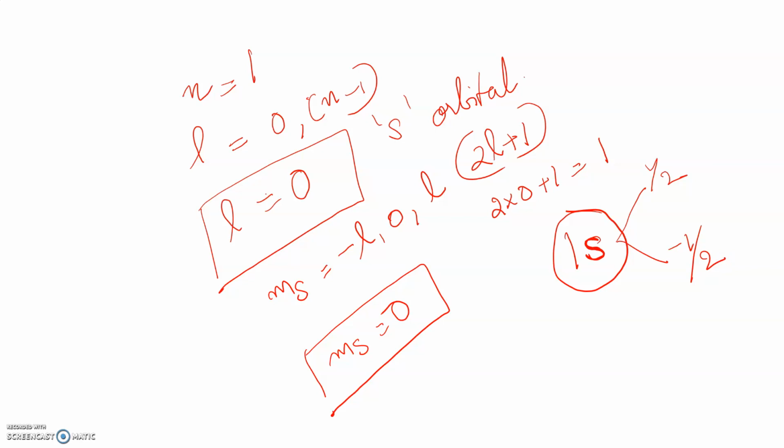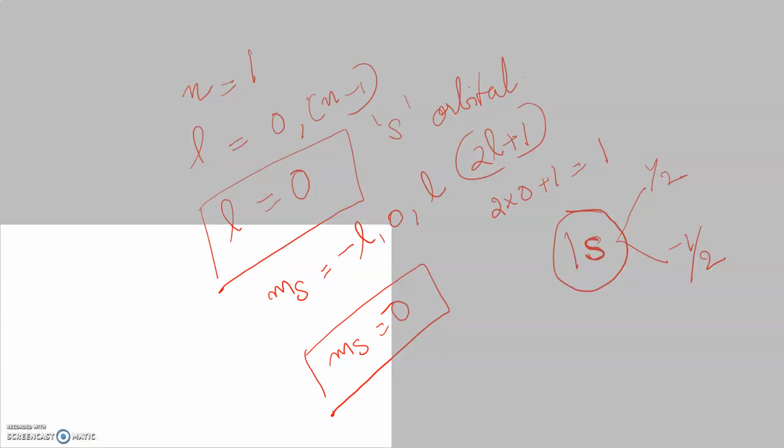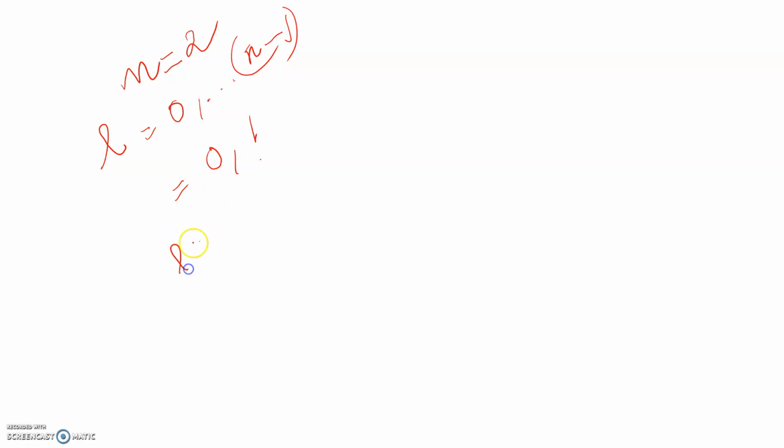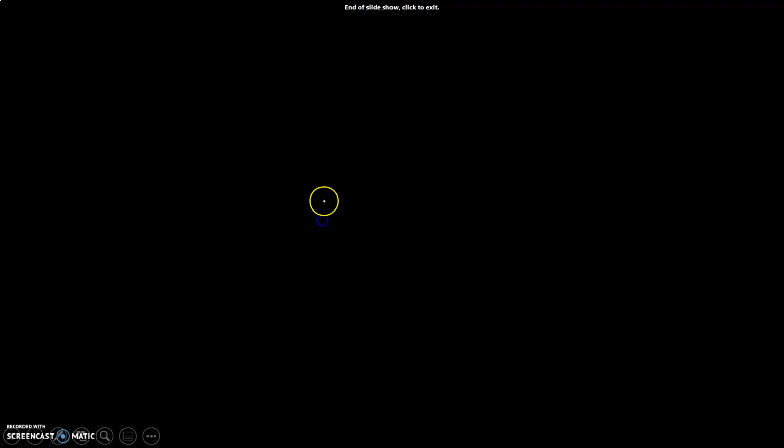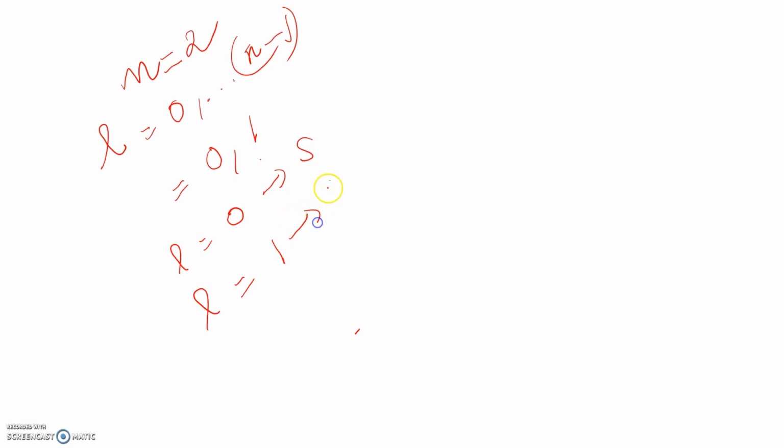Now let's see another example. For an electron with n equal to 2, the possible values of L are 0 to n minus 1, that is 0 and 1. Two values are possible. When L is equal to 0, the orbital is s, and when L is equal to 1, the orbital is p.